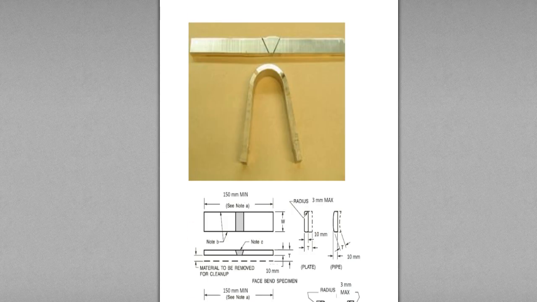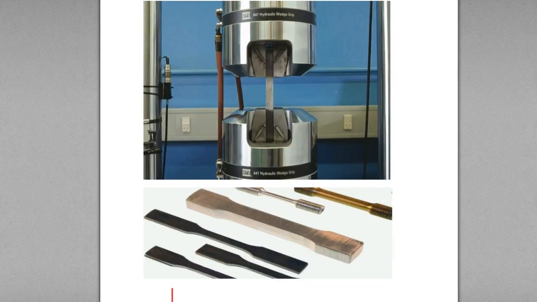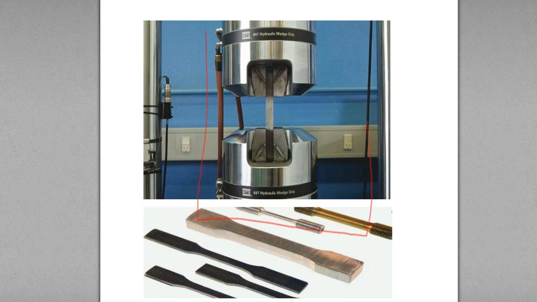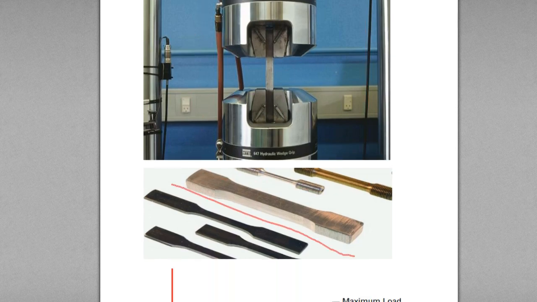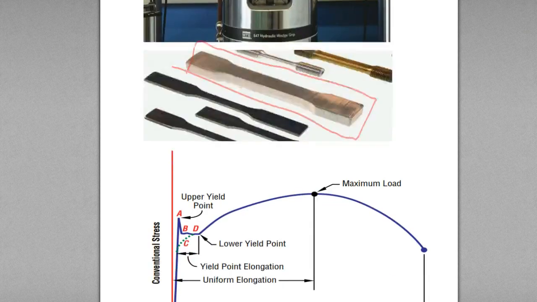This is a bend test specimen. This is the tensile test apparatus, and this is a reduced section tensile test specimen. You apply tensile load upward and downward, and this part becomes thinner and thinner, and eventually fracture occurs.